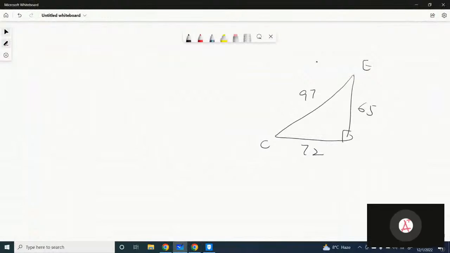You have to find the sine of angle E. The sine is always opposite divided by the hypotenuse. Got it? So according to angle E, the opposite is the side that is opposite to E. It would be then 72 divided by 97.